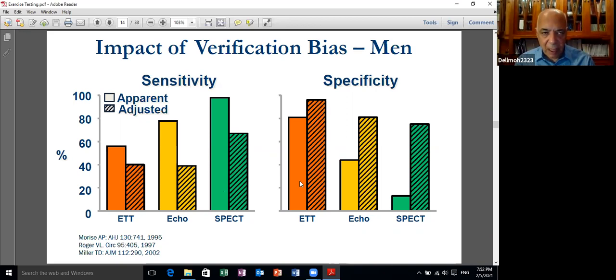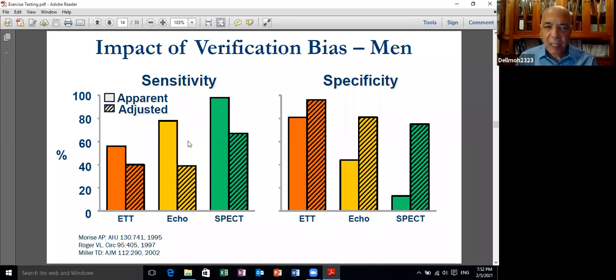Same applies to exercise nucleus. It gets increased if you correct for verification bias, both for the exercise treadmill test as well as for the exercise echo and the exercise nucleus. So this is very important to understand that we are not dealing with perfect tests. There is also a confounding factor, which is the verification bias.